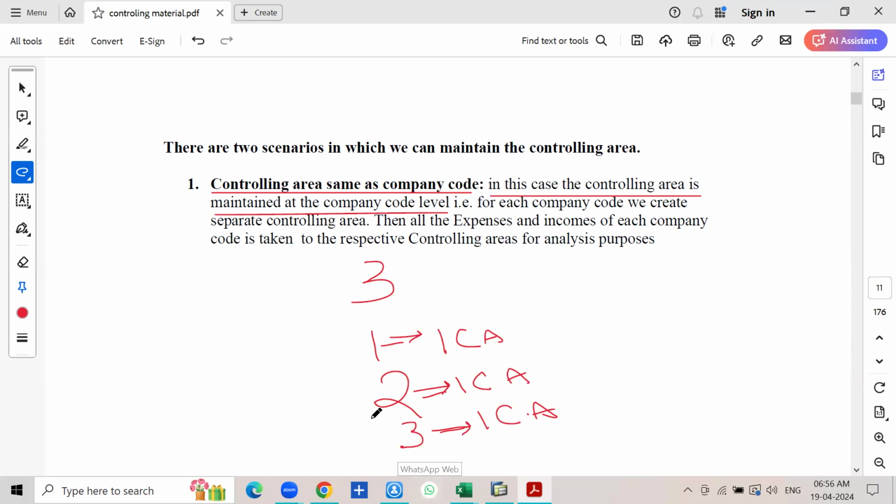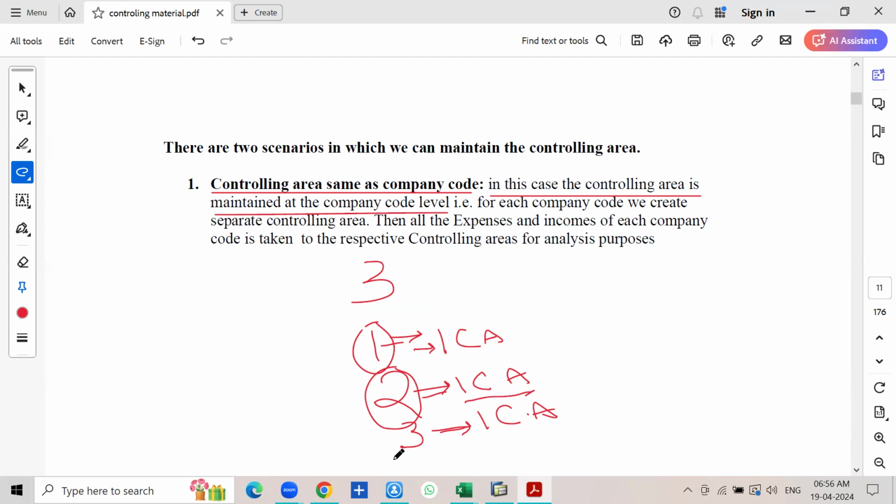In that case, all the expenses and incomes information of company code 1 will be transferred to the first controlling area. All the information of company code 2, information here refers to expenses and revenues, will be transferred to the second controlling area.